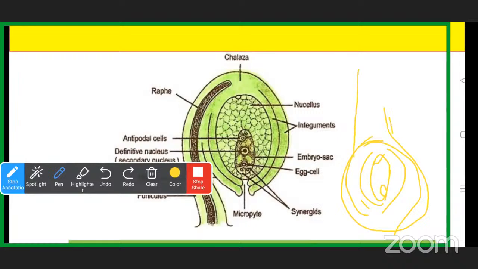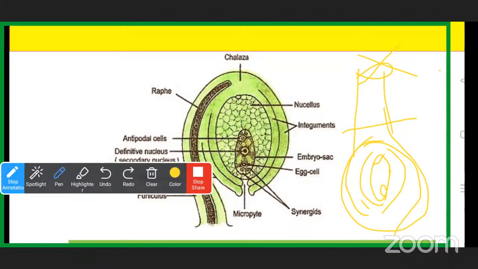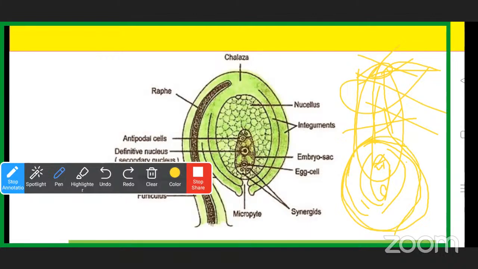The flower has the style and stigma, which are removed after fertilization. For pollination, the stigma is needed so that the pollen reaches the stigma. Then through the style, the pollen tube reaches the egg apparatus, the egg cell. That is called fertilization. After fertilization, the style and stigma are removed and the ovary becomes the fruit.